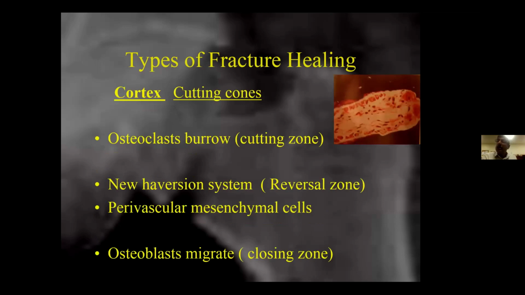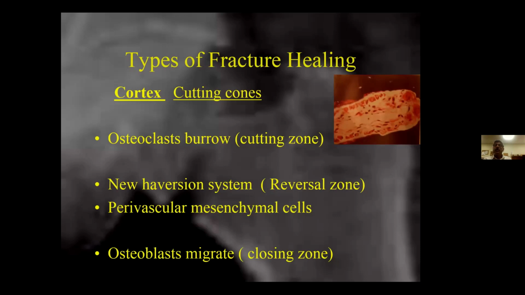Then say the way this works will be with what is called cutting cones. And then say I like to divide this method of cutting cones into three parts. The first word which you want to use is the osteoclasts. Remember now, we are using correct words. The osteoclasts will burrow. And this is the cutting zone, not the cone. The cone is divided into three parts.